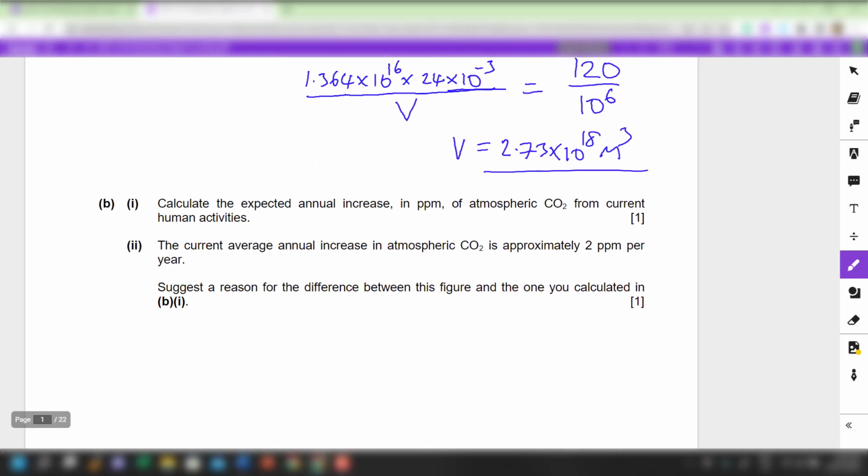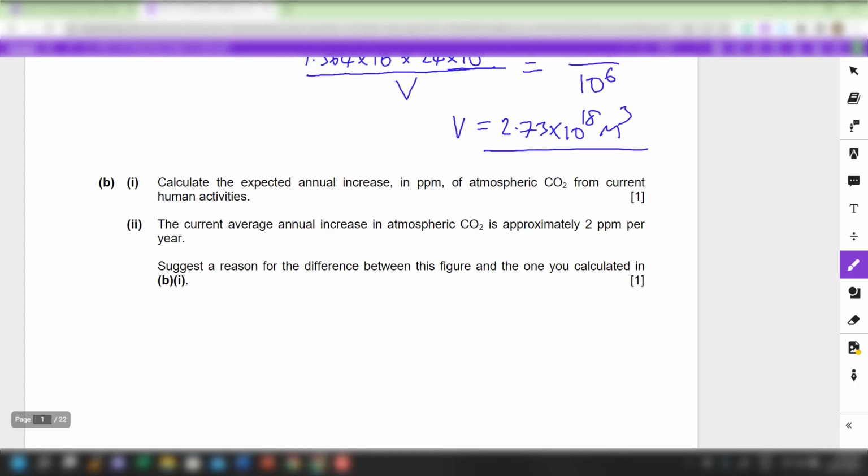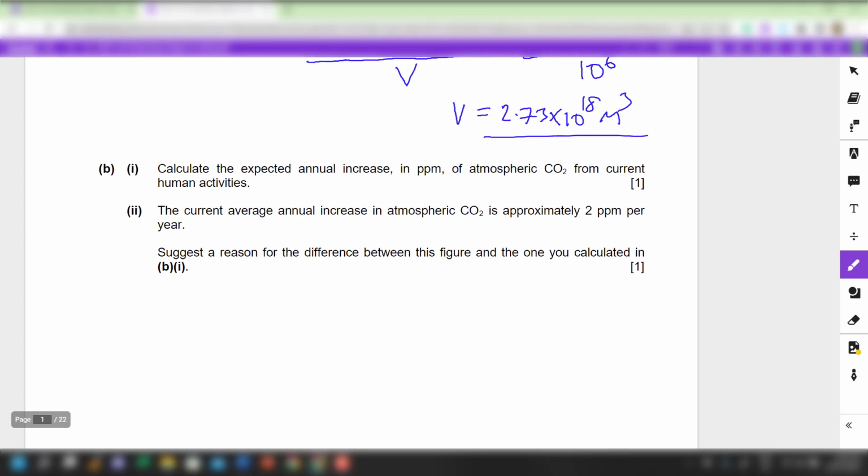Later on there's a part which asks us to calculate the expected annual increase in parts per million of atmospheric CO2 from current human activity. So over here we were told that at current rates, human activities adds an additional 15 gigatons of CO2 per year into the atmosphere. So we are going to use the same logic.